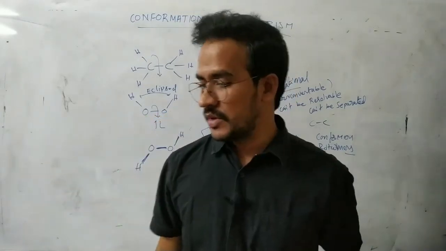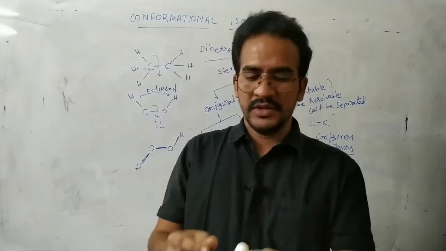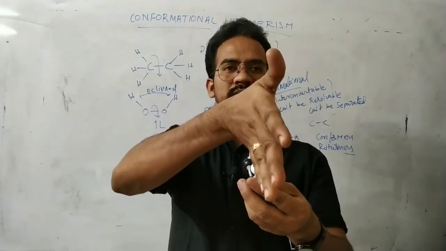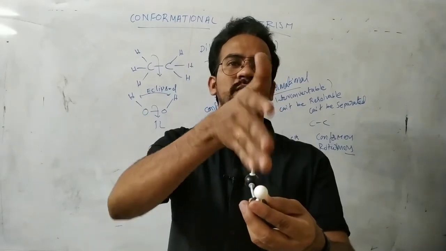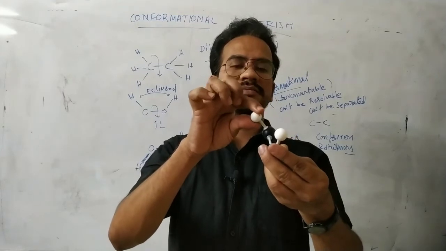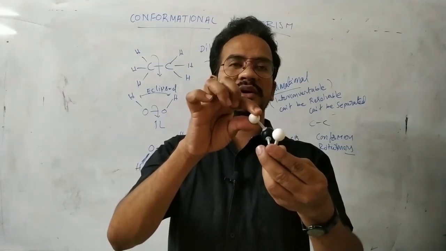Now you see, this is one plane and this is the other plane. So the angle between these two planes is 0 degrees. Next, 30 degrees, the angle between the two bisecting planes.